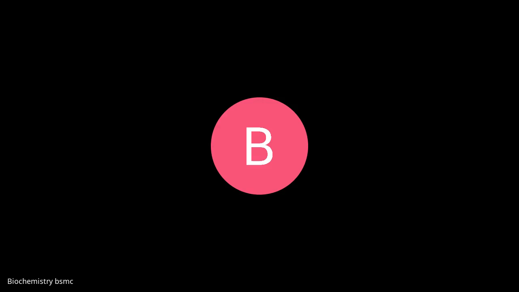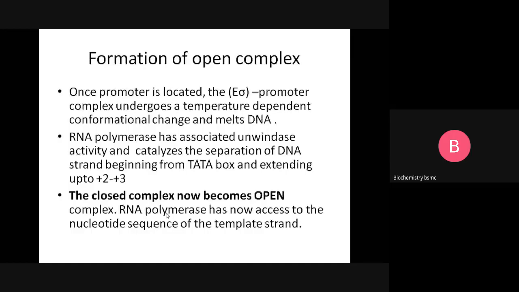This E sigma promoter complex now undergoes a temperature dependent conformational change, and that melts the DNA. Gradually, the promoter region itself starts melting.